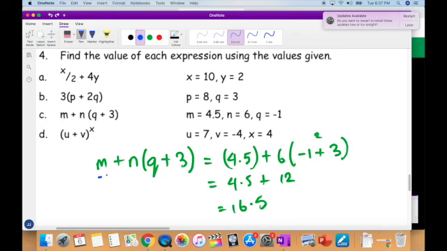Because we have m being 4.5, so we put 4.5 there. Plus n, which is 6. And then this q is negative 1. So negative 1 plus 3, well that's 3 minus 1, which is 2. 6 times 2 is 12. 12 plus 4.5 is 16.5. What did you do wrong there?